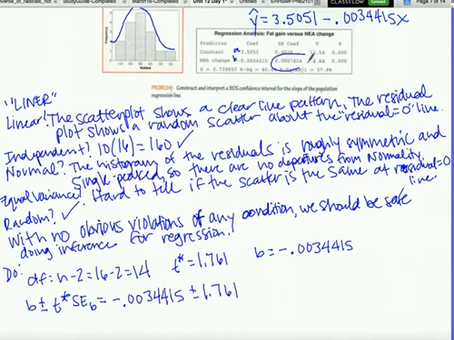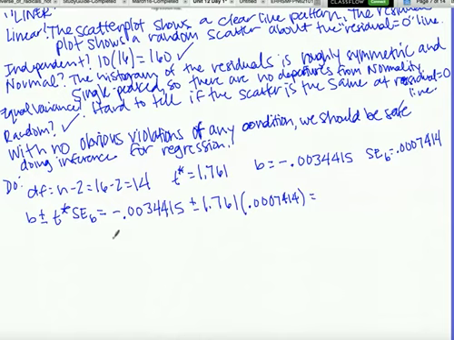Our standard error of B would be 0.0007414. When we plug that in, this is what we would be looking at. That plus or minus means that we have to split it up, so that we have negative 0.00344415 plus 1.761 times 0.0007414.